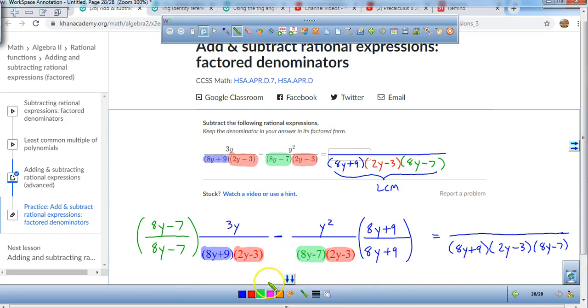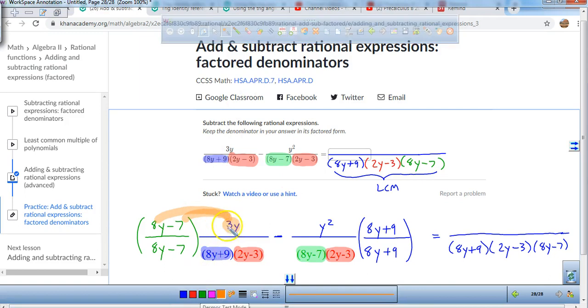Now, all I have to do is simply take this 3y and distribute it to both terms. So when I do that, I get 3y times 8y, which is a total of 24y squared. I have 3y times a negative 7, which is a negative 21y.